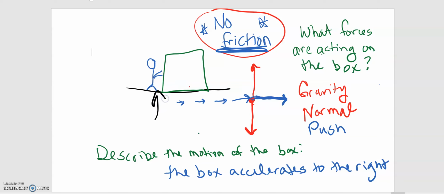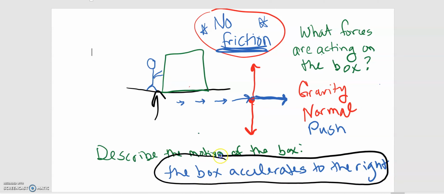Well, here's our unbalanced force, which has led to our object going into motion. So it went from rest, the person starts pushing on it, causing an unbalanced force. Now it's in motion. We also have the second law, because we know that this unbalanced force is going to cause an acceleration, and that's what our second law is relating to.